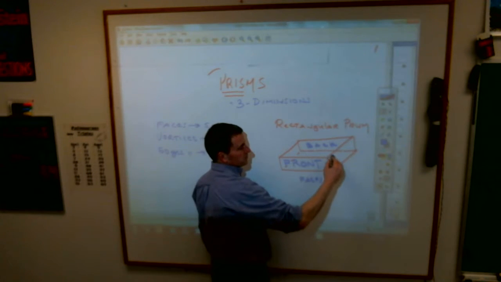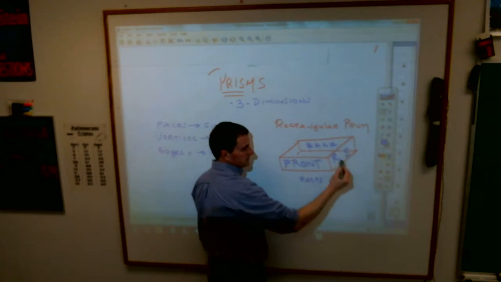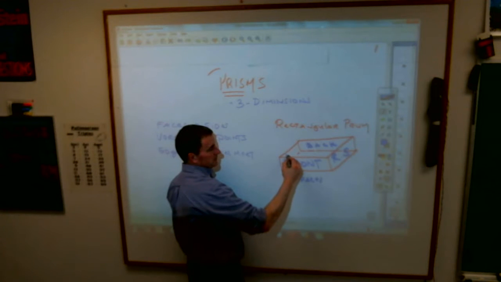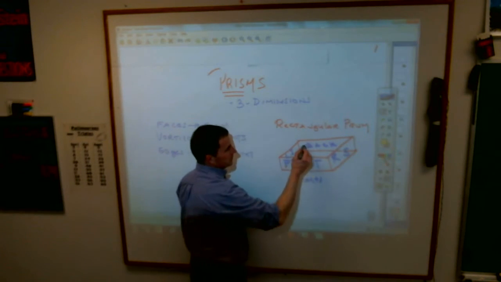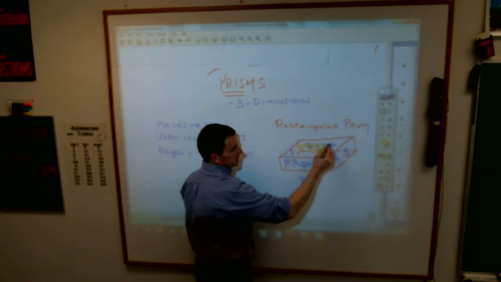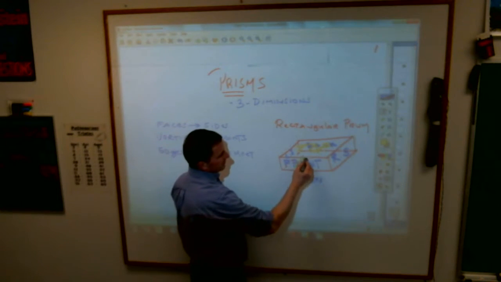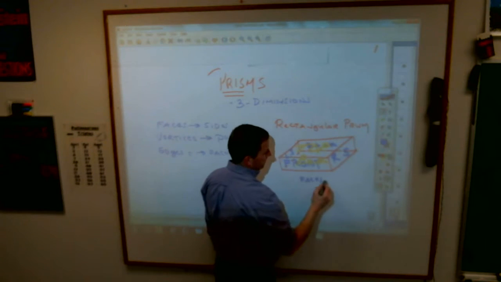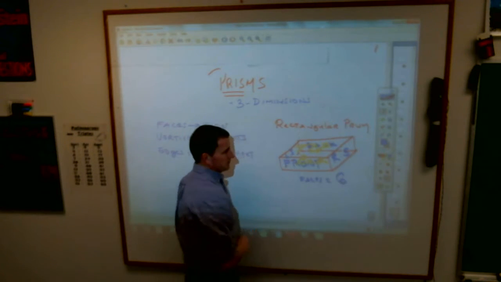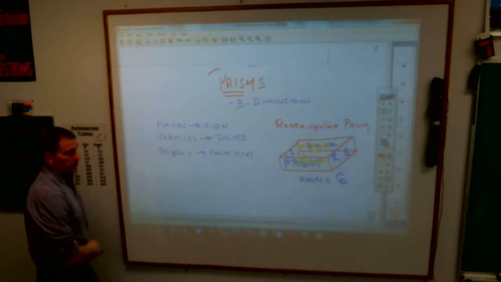You've got this, which we call the right side. And you've got this one back here you can't see, which is the left side. You've got the top right here, and you've got the bottom down here you can't see. So how many faces? 6. Just like a number cube has 6 sides.